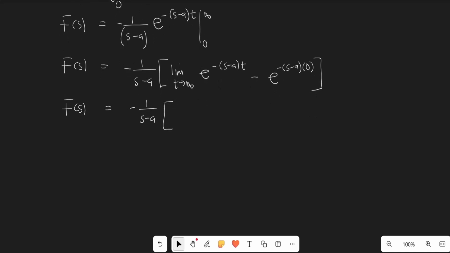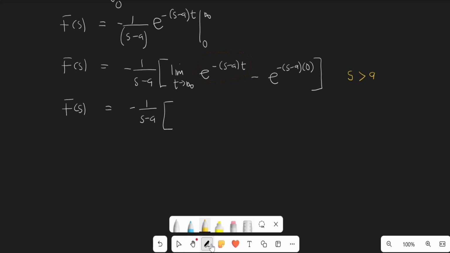So here, as t is approaching infinity, we are imposing the assumption that s is strictly greater than a, right? So if s is strictly greater than a, it means s minus a is a positive number. So if s minus a is a positive number, that means that this one is going to be approaching infinity as t is approaching infinity, and as that is approaching infinity, everything here is going to be approaching 0 because the exponent is a negative number.